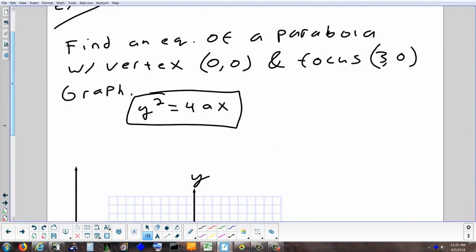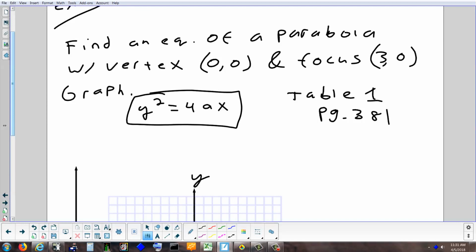If you're looking in the packet, this is all in table 1. Okay, that's on page 381. So in that table, they have a column that says description.